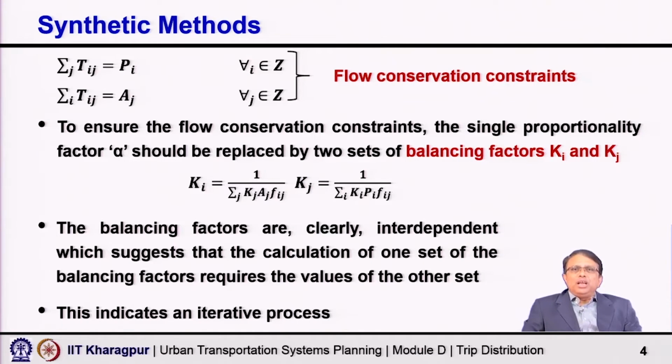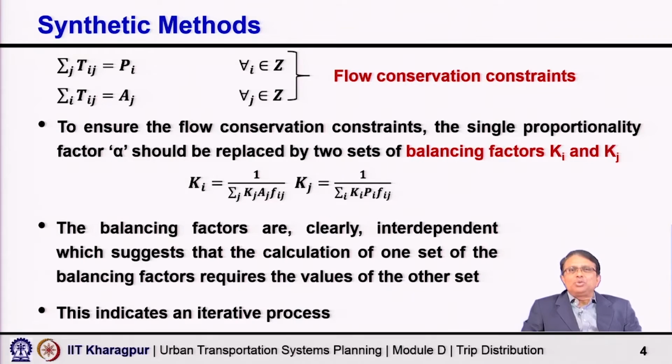Now, to ensure this, in a doubly constrained model there are normally two balancing factors that we use, called Ki and Kj. So, what is the value of Ki? Ki equals 1 divided by the sum over j of Kj Aj Fij.